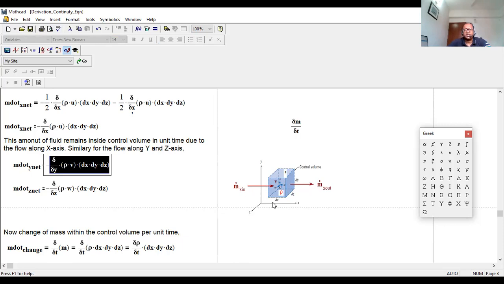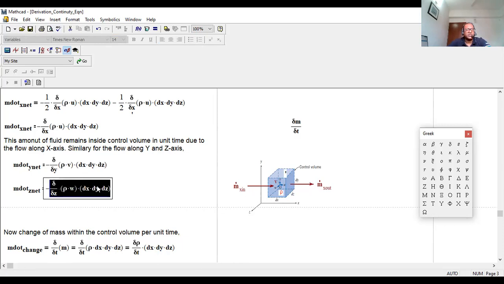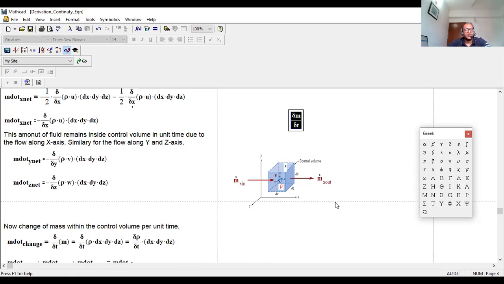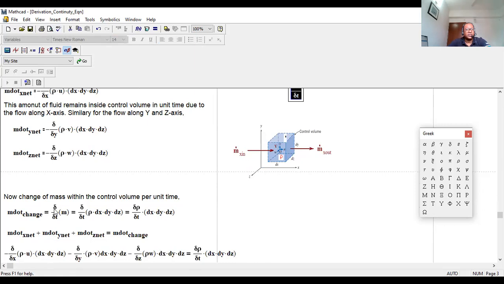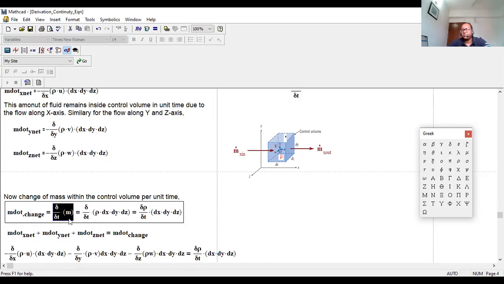That means along this direction, this will be this term. Now, what will be the change of mass inside the control volume? Change of mass equal to del m by del t, right? So del m by del t, then what will be the m?